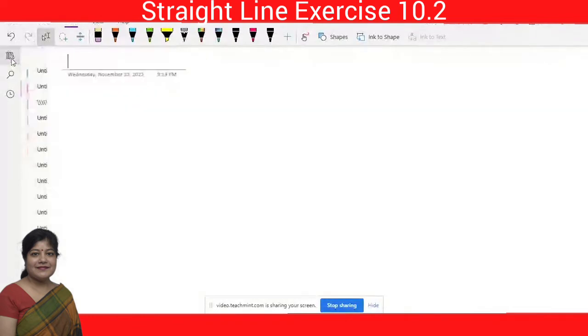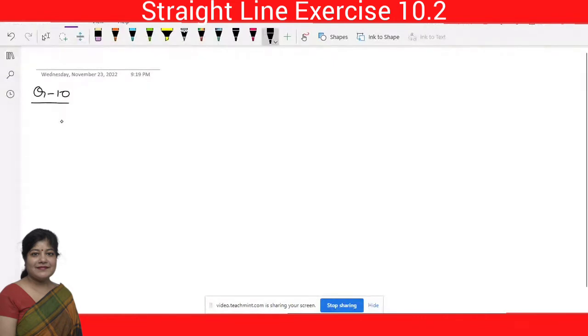Actually this exercise is very important. So practice it properly. So question number 10. A lot of formulas are there, a lot of formats are there.